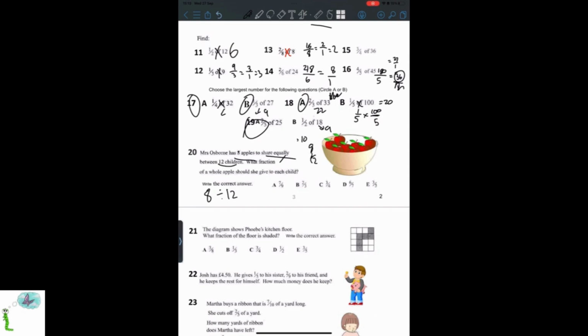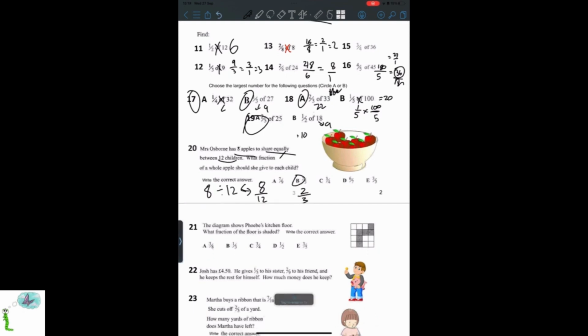So that just practically means 8 divided by 12. And that is also the same as saying 8 over 12. That's an easier way for you to find an answer here, because these two are the same. If you just simplify it, you're going to get 2 over 3.